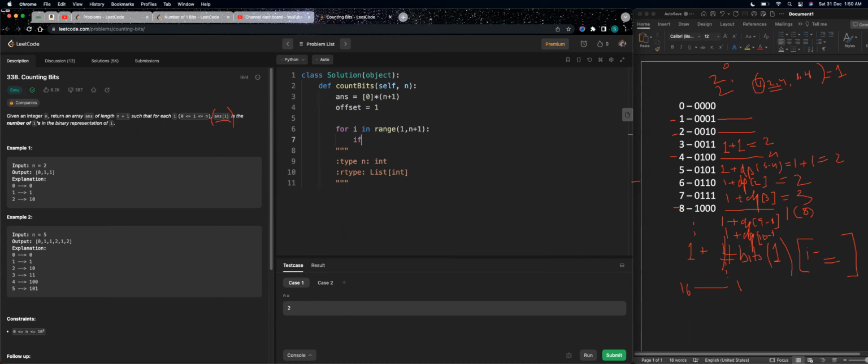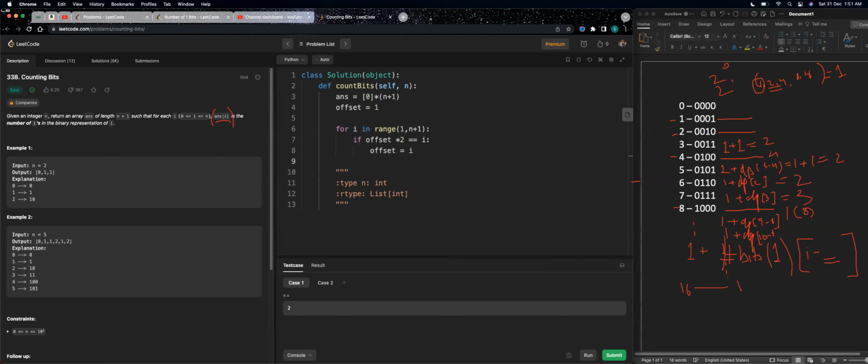We would first check if offset times 2 is equal to i. If this is the case, we would update our offset value to i.